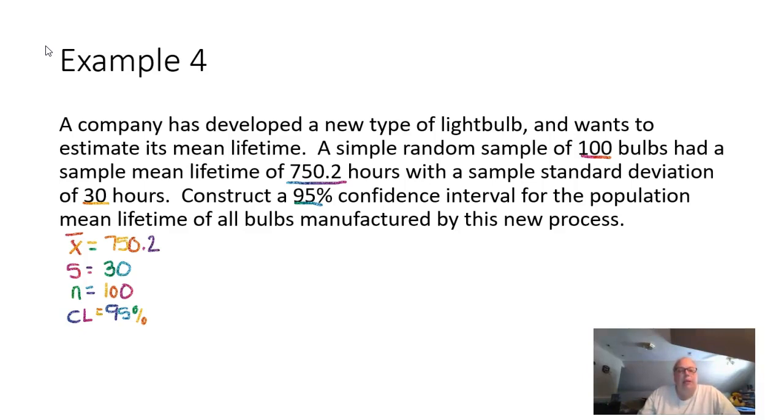Okay, we need some degrees of freedom. And we can find that from n minus 1. So 100 minus 1, this is going to give me 99. We go back to table A3. We want to be on line 99, column 95%.